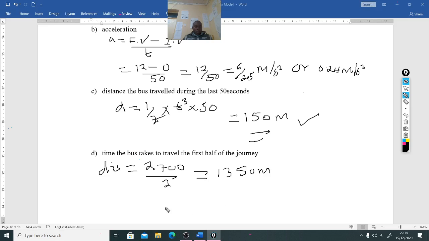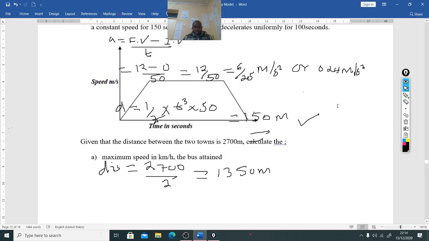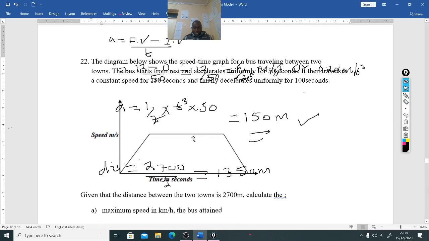So if you look at the diagram, the first half of the journey, we can have a figure like this.